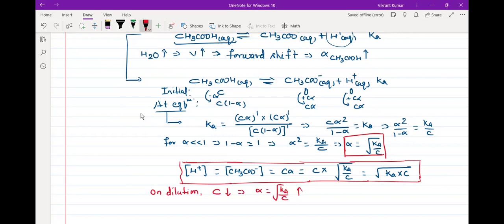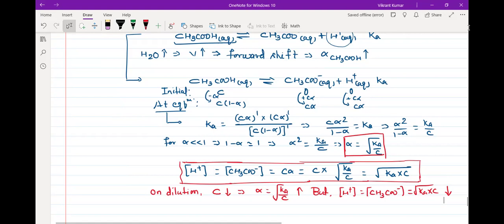But the concentration of ions H plus or CH3COO minus, which is under root K into C, will decrease. So mathematics also suggests the same thing: if you keep increasing the volume of the solution, alpha will keep increasing, but the concentration of ions given by these weak electrolytes is decreasing.